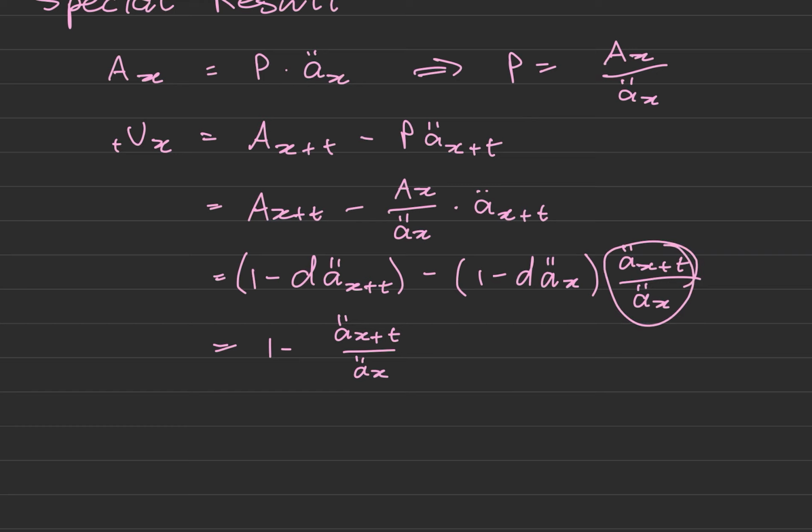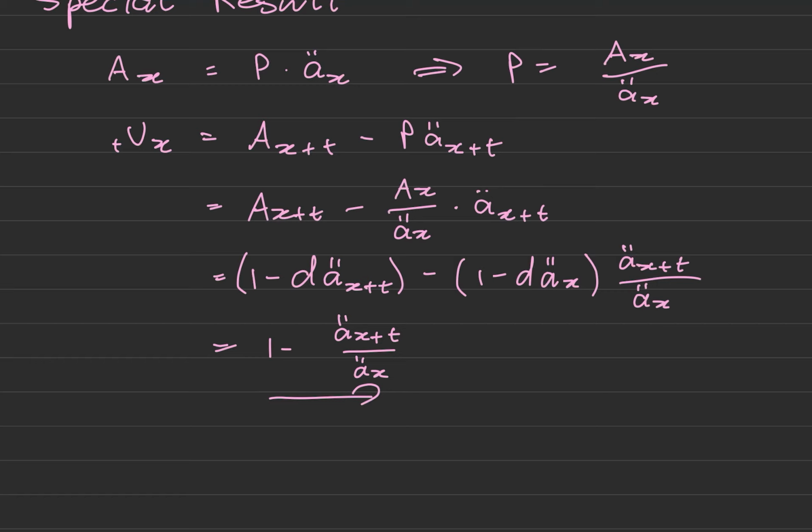Then if I distribute this into the second term here, negative times negative is a positive, then this term and this term cancel, and I'm left with plus d times that annuity factor, which cancels with that one, and then all I'm left with is the 1 and minus that thing. Okay, so if you don't believe me, you can just go and write it out yourself, but you will get to this result.